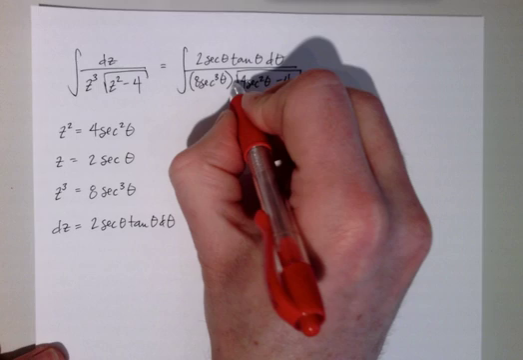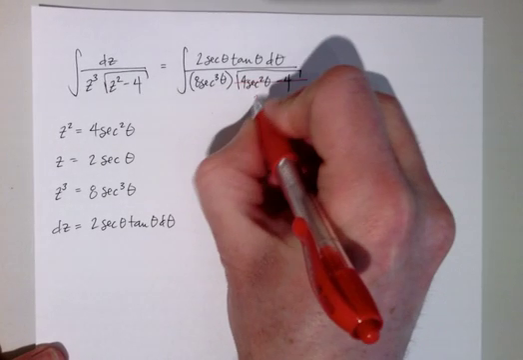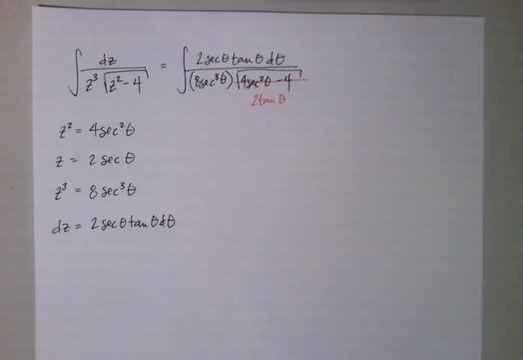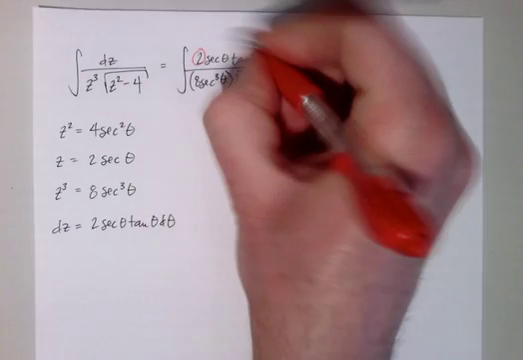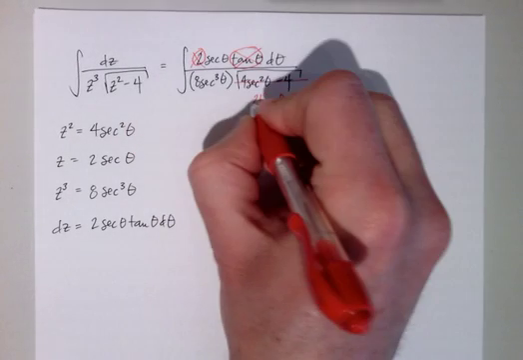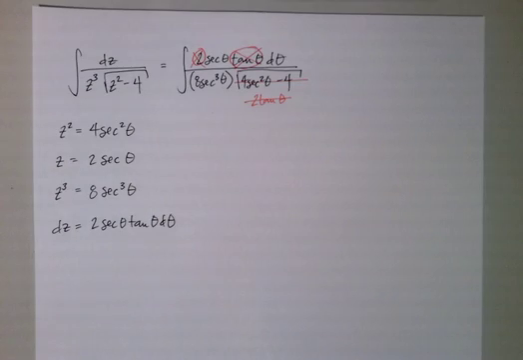This right here winds up being 2 tangent theta, which, of course, cancels with that 2 and with that tangent theta. So if I'm going to cancel those out, that one goes away as well. That 1/8 I'm going to pull out in front, okay?